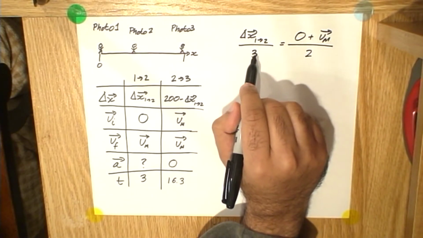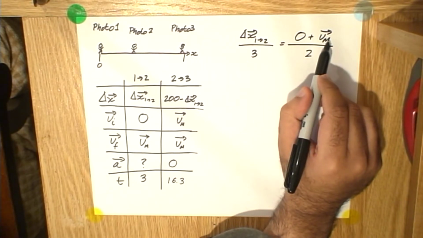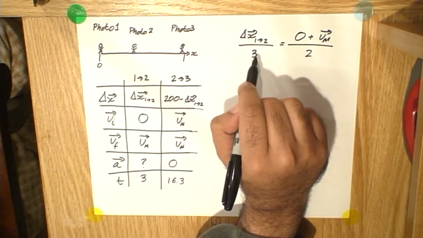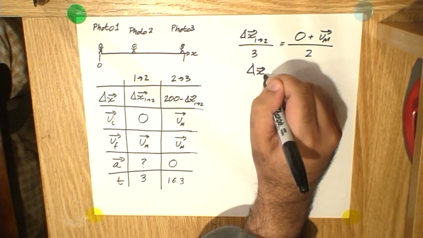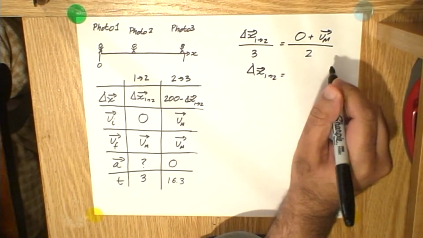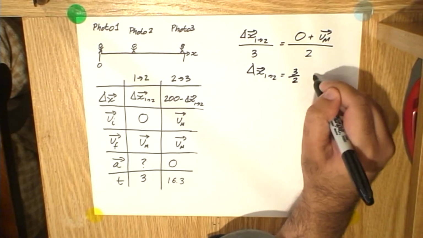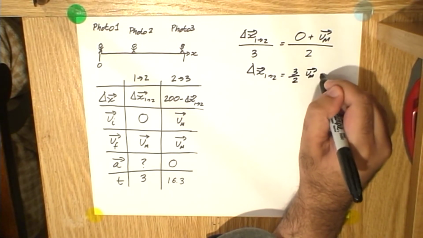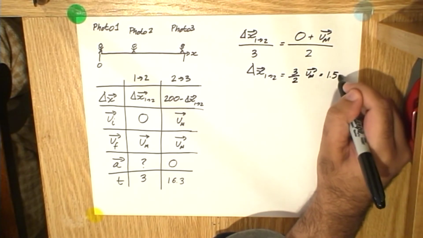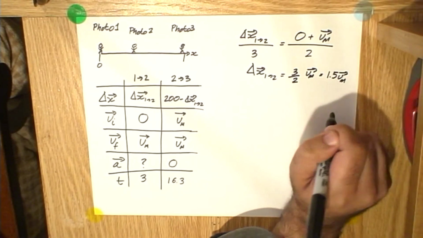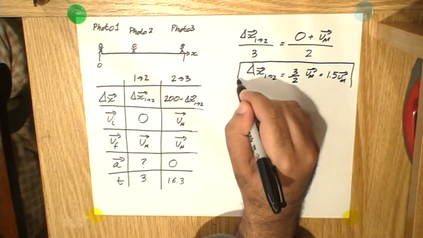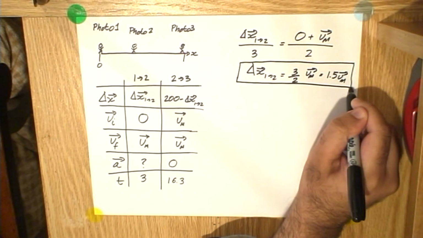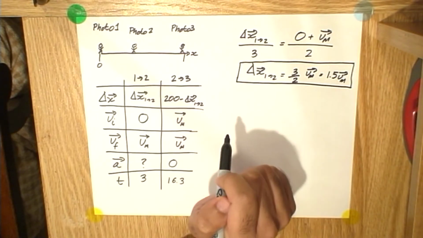So if I were to simplify this, 0 plus Vmax is just Vmax. If I multiply both sides by 3, that gives me delta x from 1 to 2 is equal to 3 over 2 Vmax, which I can also write as 1.5 Vmax. So we will take this as our first equation relating to photos 1 to 2.